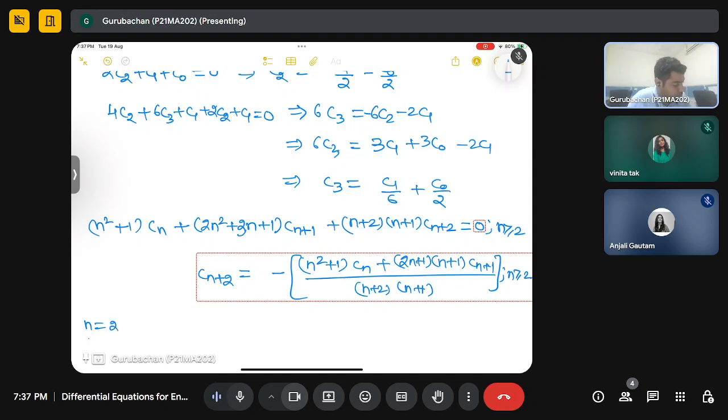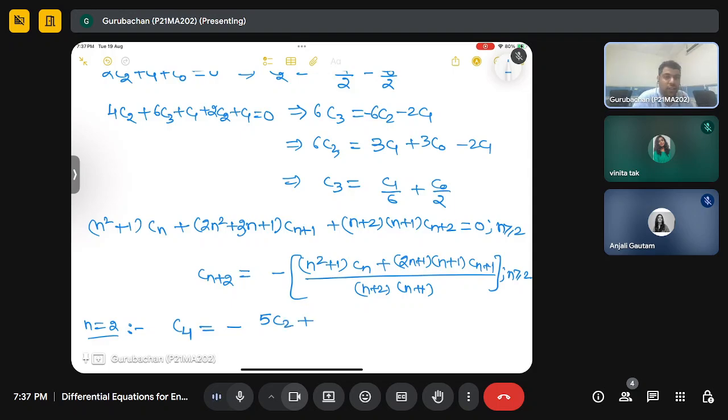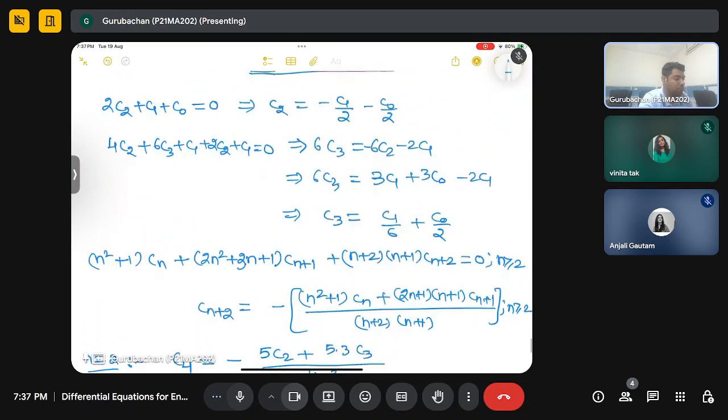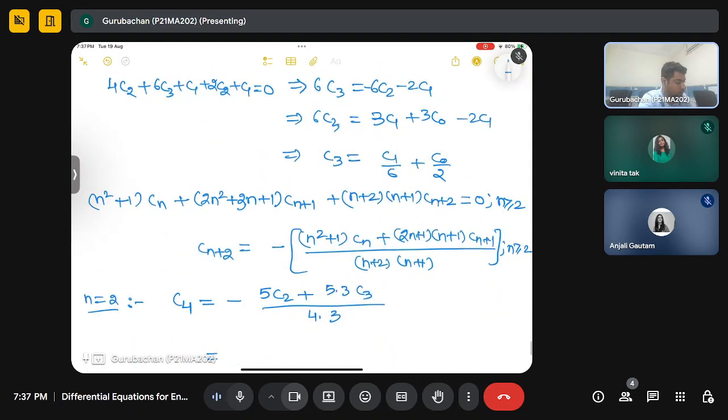So n equal to 2, this will be C4. When you put 2, this will be minus 5 times C2 plus 5 into 3 C3 divided by 4 into 3. C2 will be minus C1 by 2 minus C0 by 2.